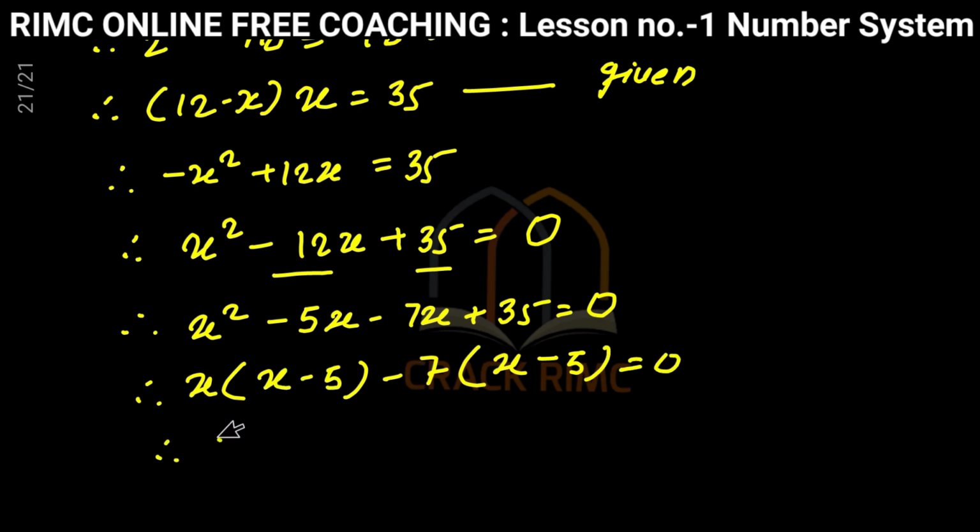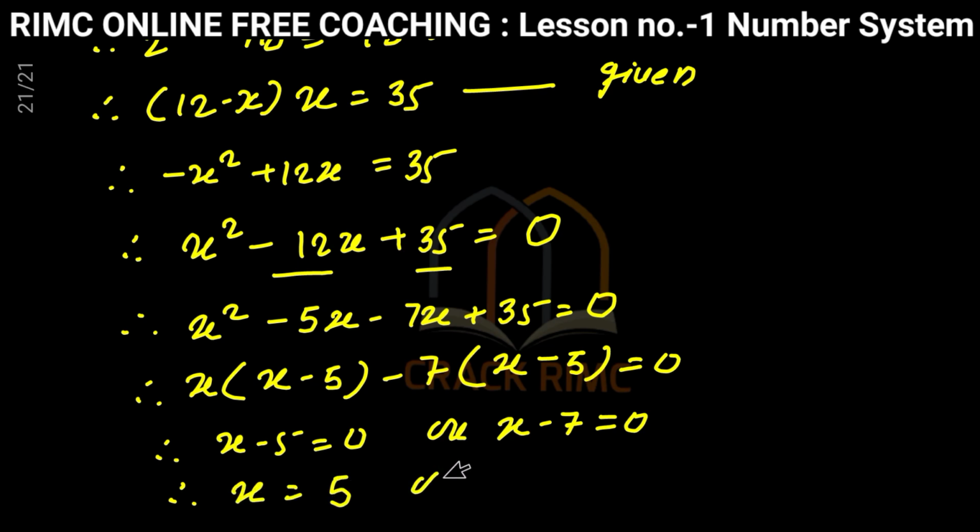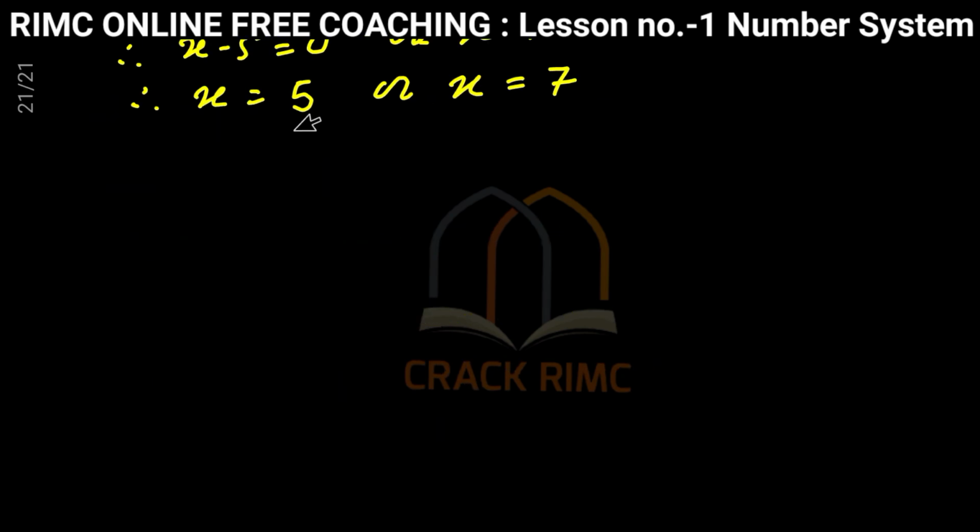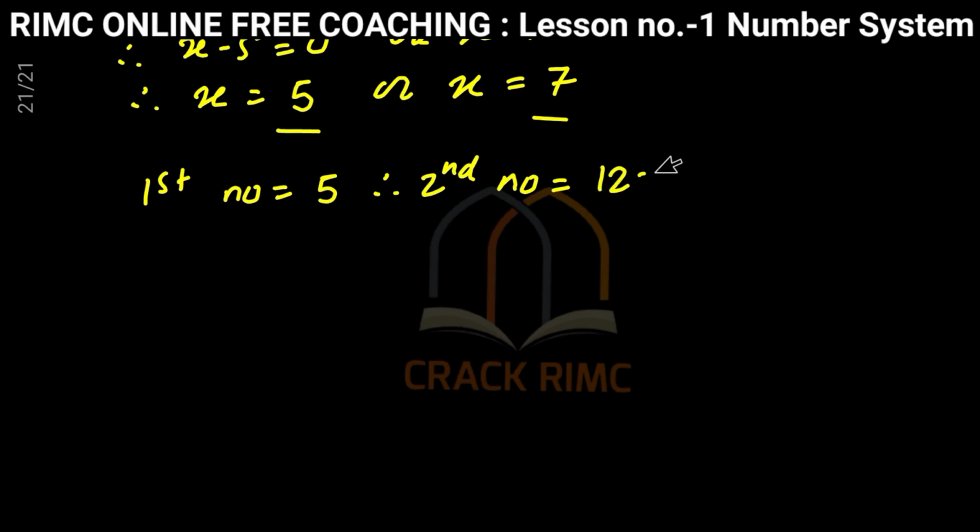Therefore x minus 5 is equal to 0 or x minus 7 is equal to 0. Therefore x is equal to 5 or x is equal to 7. Now if we consider one number as 5, the other number will be 7. So the first number is equal to 5. Therefore the second number is equal to 12 minus 5, which is 7.